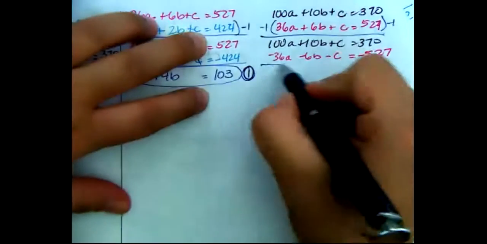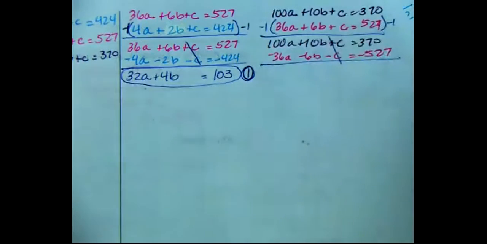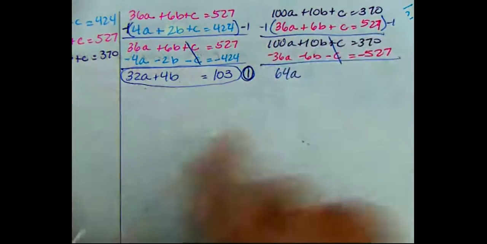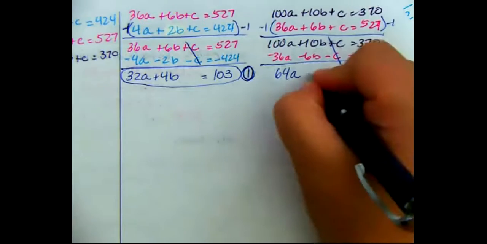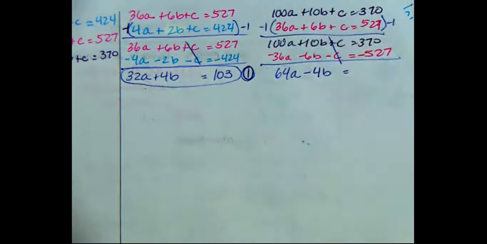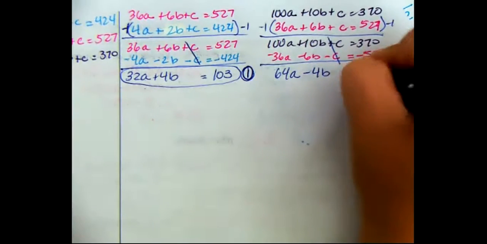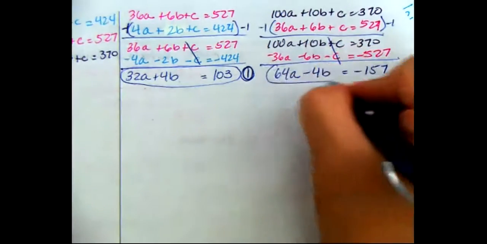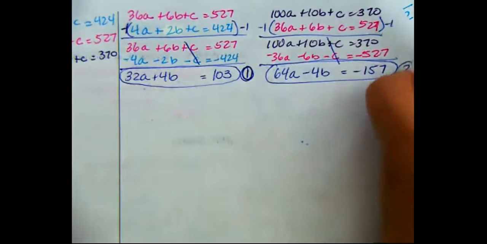Okay, so now when I actually do this, the C's will cancel because I have a plus C and a minus C. 100A minus 36A is 64A, 10B minus 6B is 4B, is equal to 370 minus 527. Okay, I hope you realize you're going to get a negative number here, -157. So this equation right here, this is now equation 2.